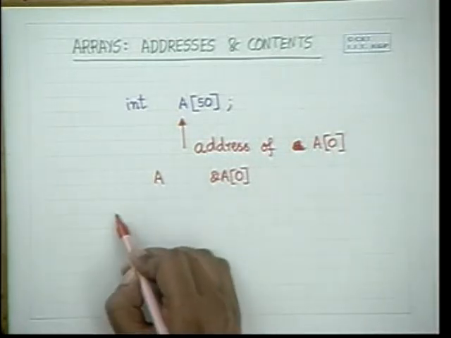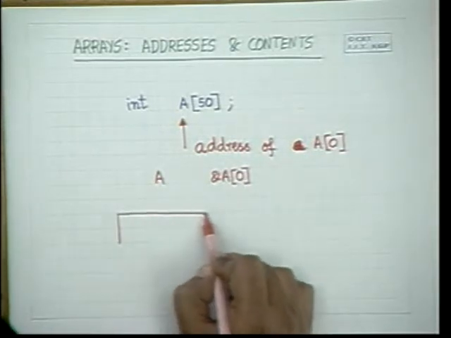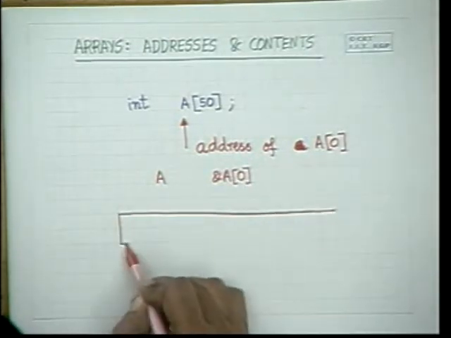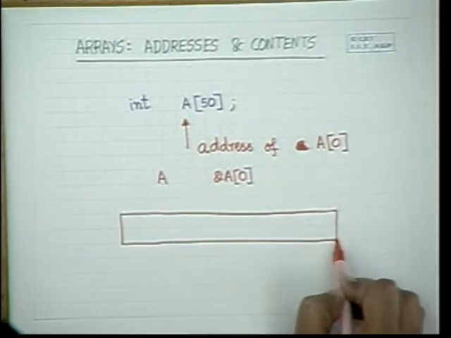The second point is that the array is stored in contiguous locations in the memory.